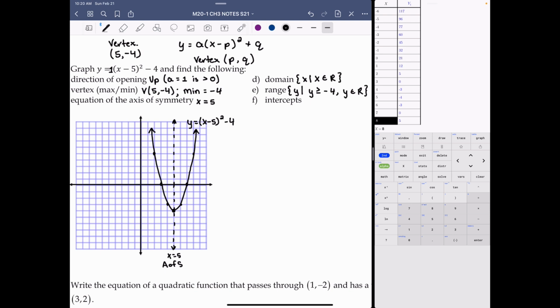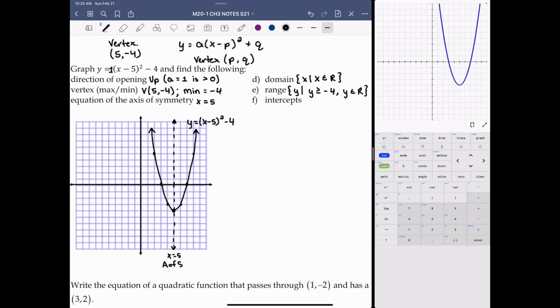Our x and y intercepts, we can see from the table. The y-intercept is when x is equal to 0, so that would be at 21. And the x-intercepts are when y is equal to 0, which we're at x equals 3 and at x equals 7. We could also go back to our graph and find these values here.